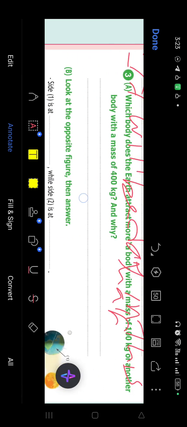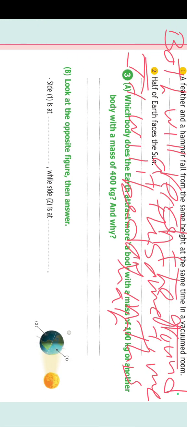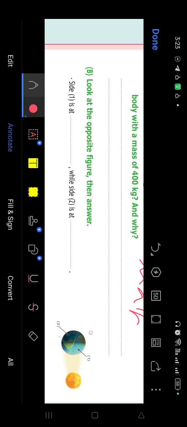Okay. Question here, which body does the Earth attract more? A body with a mass of 100 kilogram or another with a mass of 400 kilogram? Do you remember? Yeah, the force of gravity on Earth depends on the mass and distance. So here it's talking about the mass.